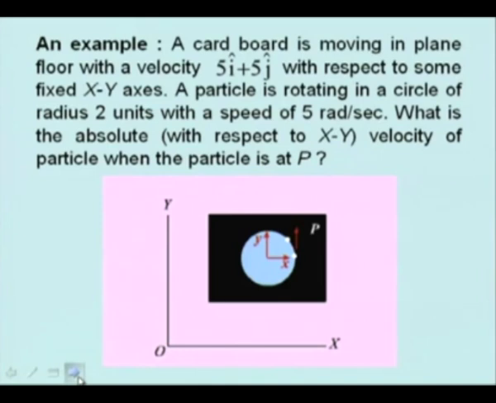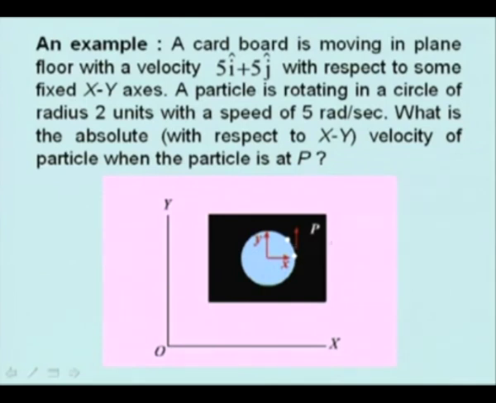On this black cardboard, a particle is rotating in a blue circle of radius 2 units with an angular speed of 5 radian per second.